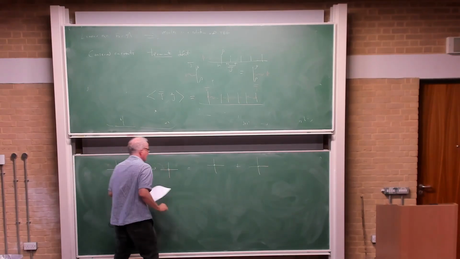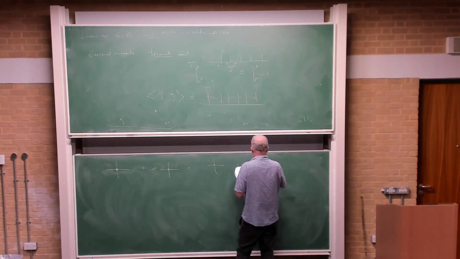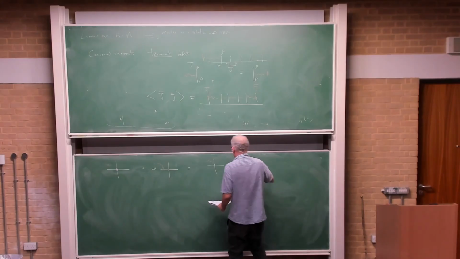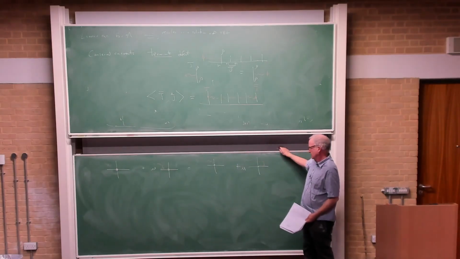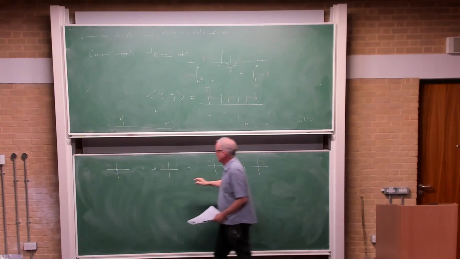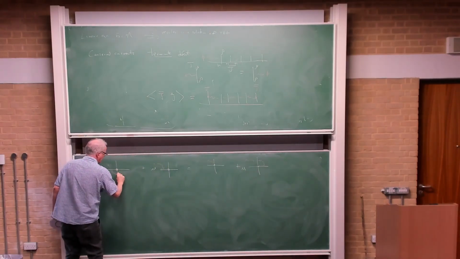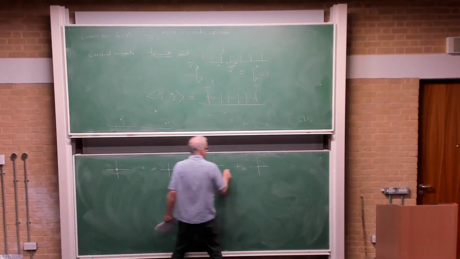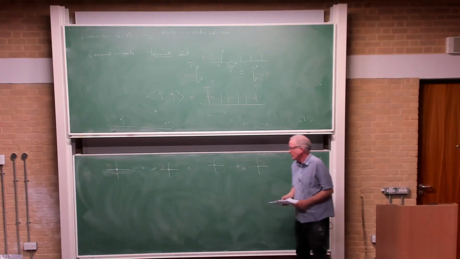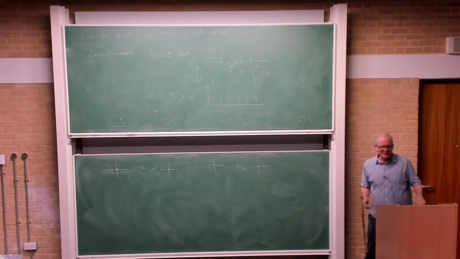So this one goes like this, and this one goes like that, and there's a mu missing. Okay, and this again is the undercrossing. There's an undercrossing here. These terminate the edge. Okay, so now this looks like a divergence-free condition.